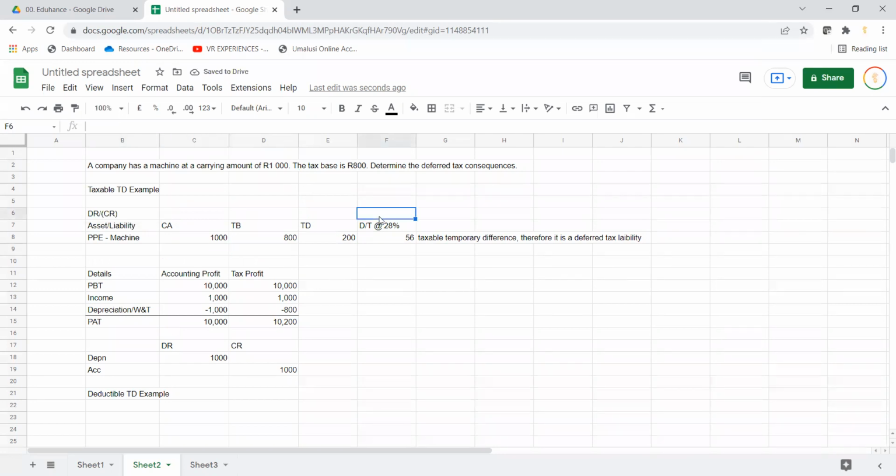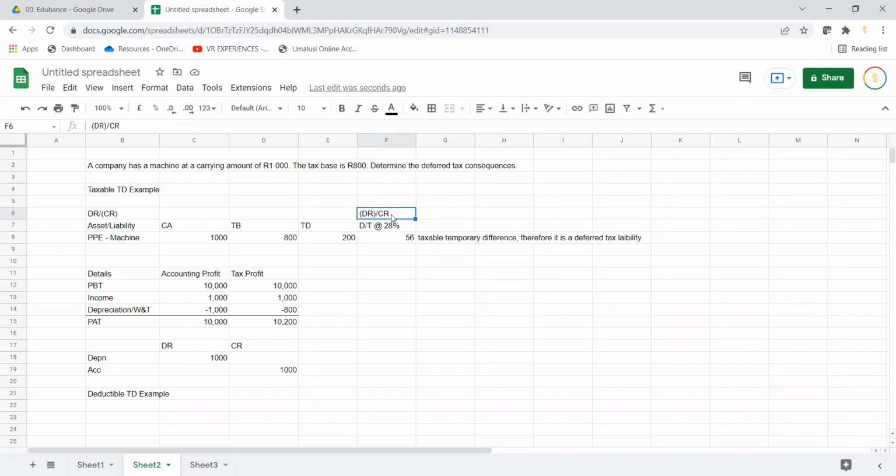Similarly over here, I will tell them if it's a negative answer, it is a debit. If it's a positive answer, it is a credit. So debit over here means an asset. Credit over here means a liability. But when it's a debit for deferred tax, it means it is a deductible temporary difference.